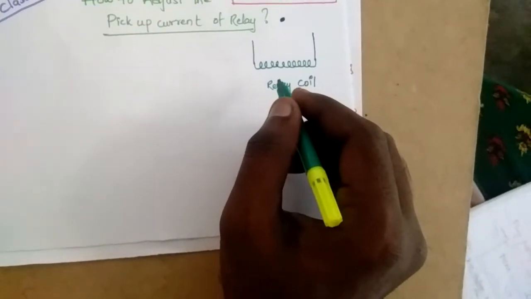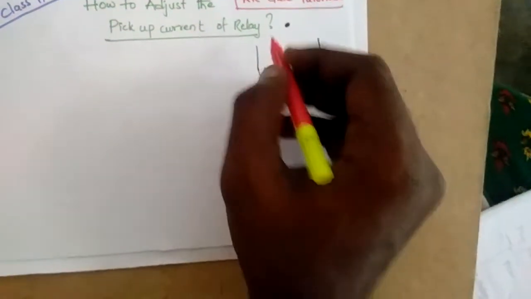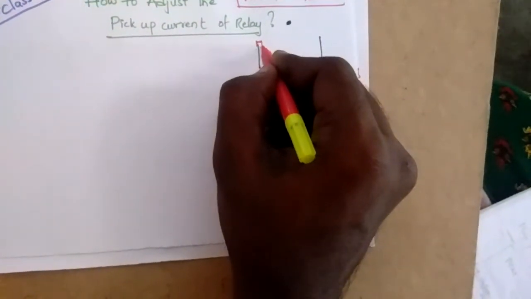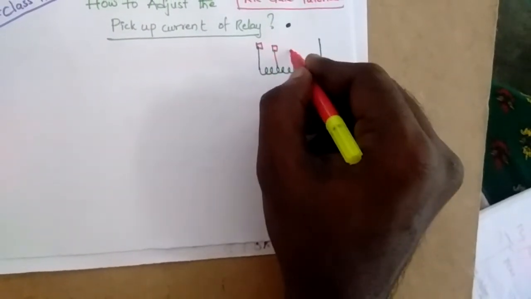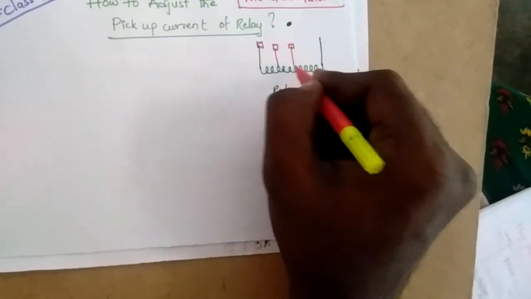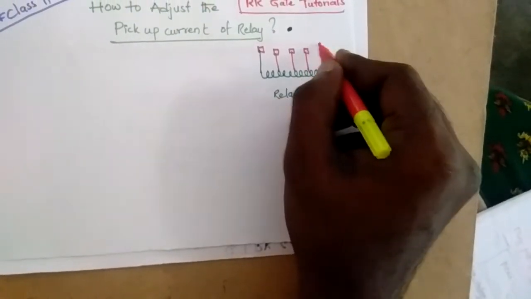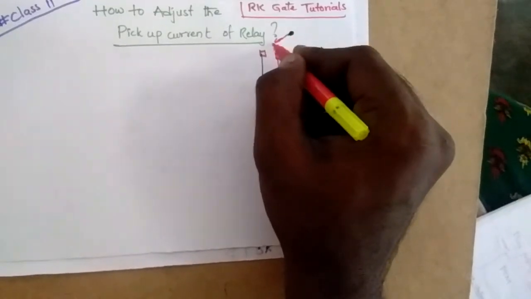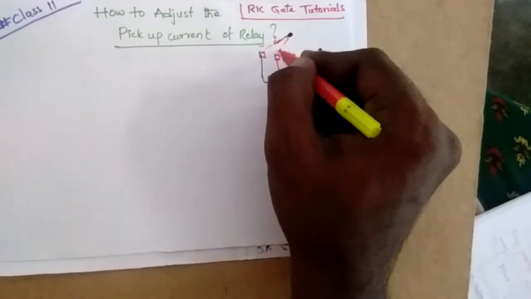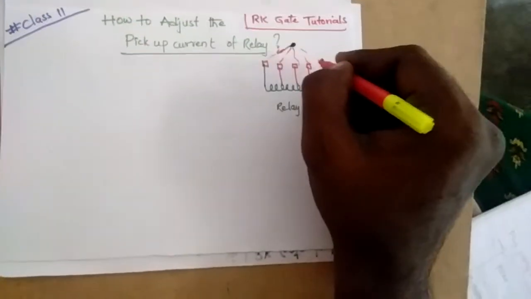So how do you do it? Simply by keeping tappings on the relay coil, by adjusting the tappings on the relay coil. The connecting mechanism will be there, till here or here or here. These are called tappings.